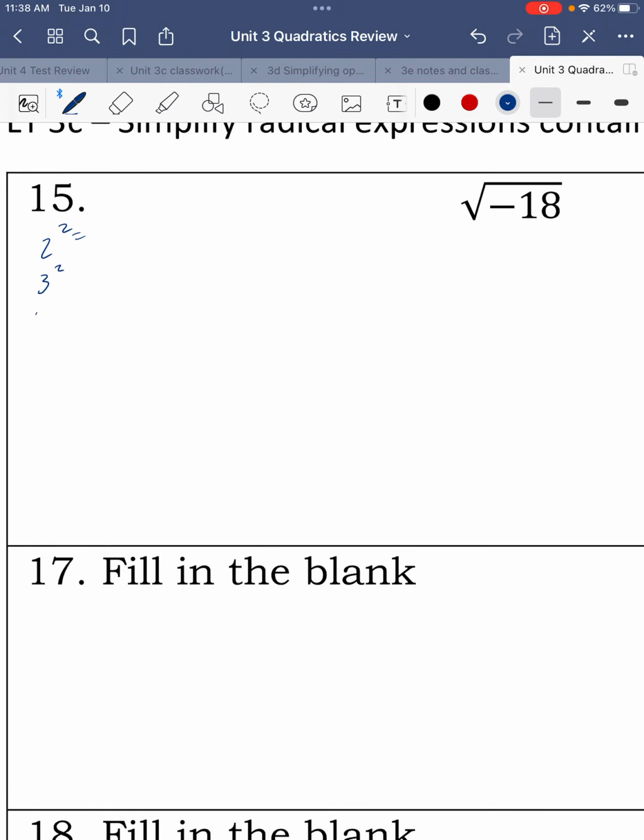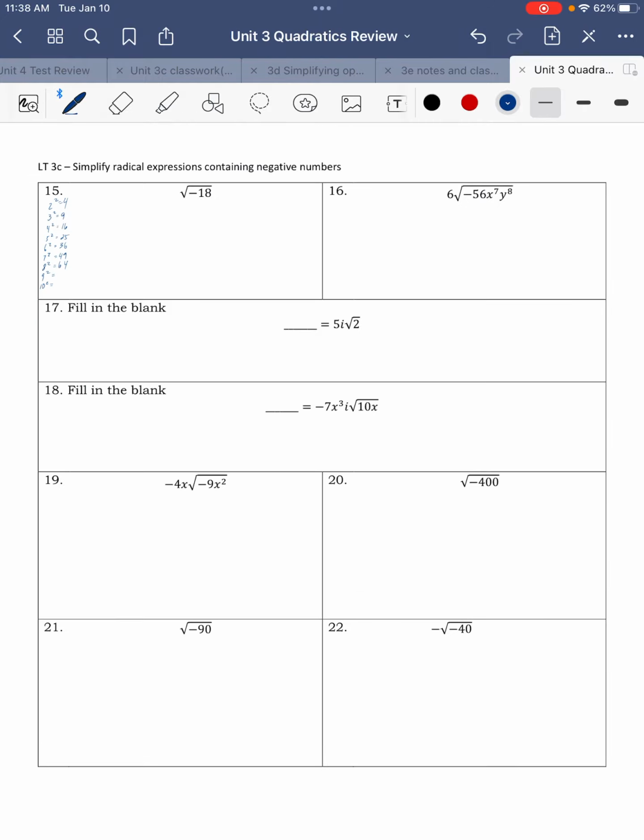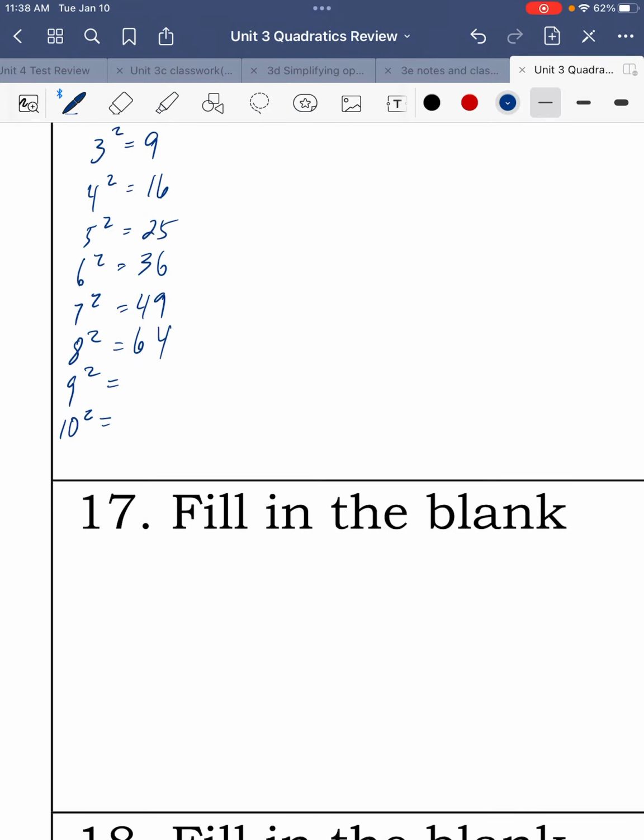So 2 squared, 3 squared, 4 squared, 5 squared, 8 squared, 9 squared, and 10 squared. Those are the main numbers I would think about. You could do 11 or 12 or 13 squared. So 4, 9, 16, 25, 36. And I'm going to be doing this for every single problem, thinking about these.